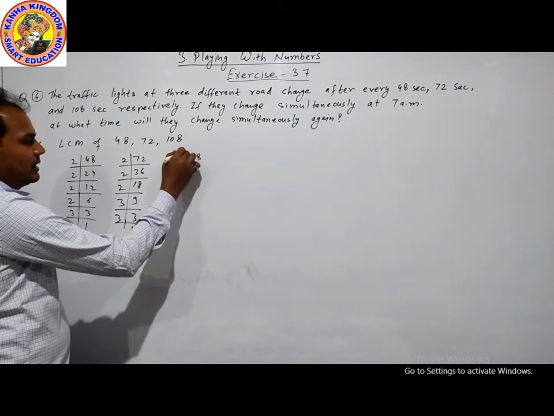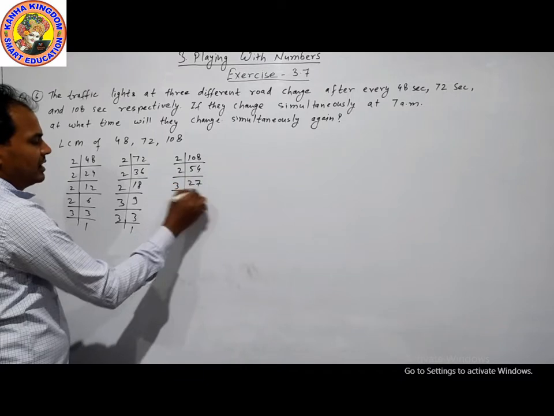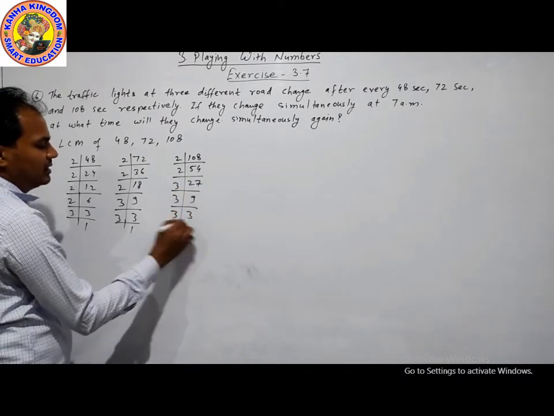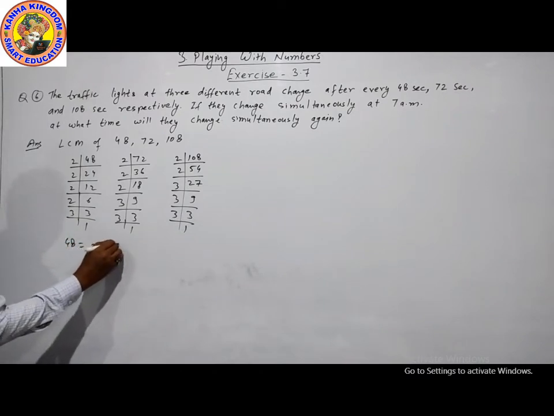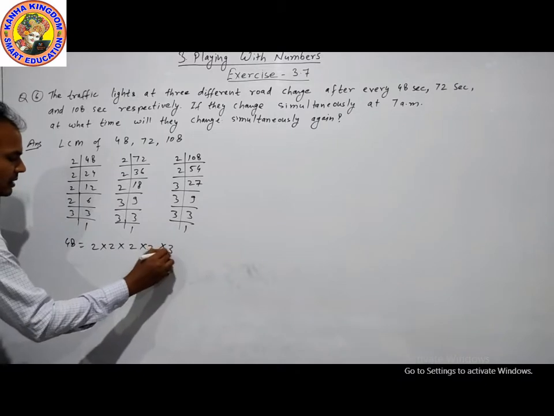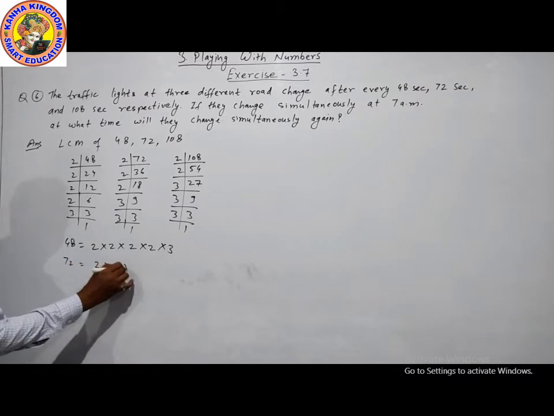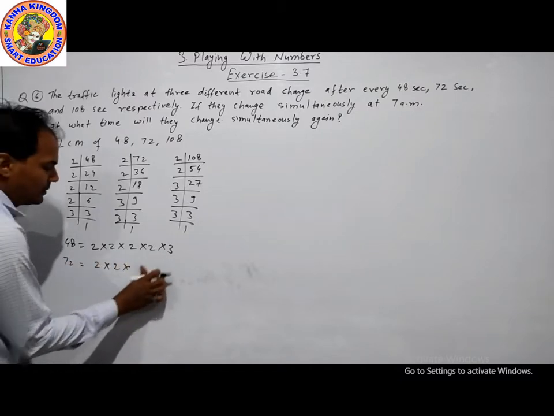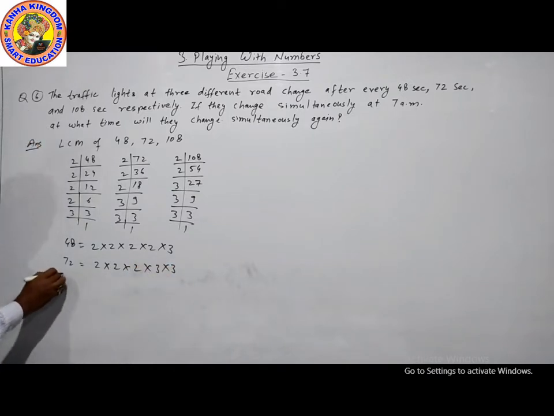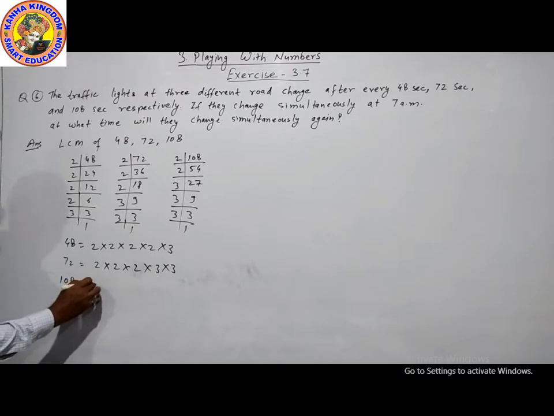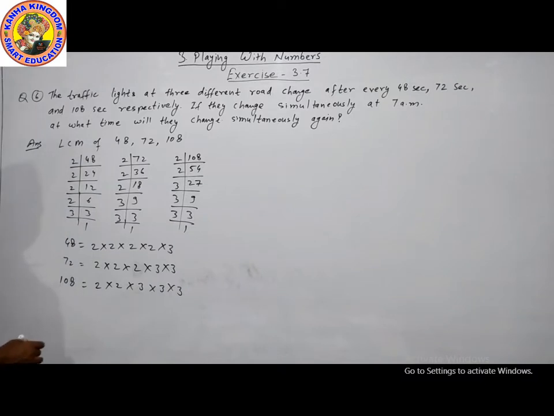Now 108: 2, 54, 2, 27, 3, 9, 3, 3, 3, 1. So 48 is equal to 2 into 2 into 2 into 2 into 3. 72 is equal to 2 into 2 into 2 into 3 into 3. Now 108 is equal to 2 into 2 into 3 into 3 into 3.